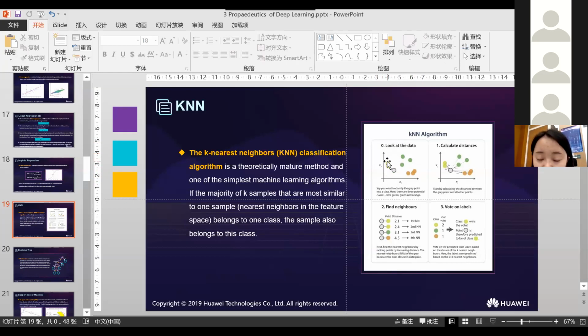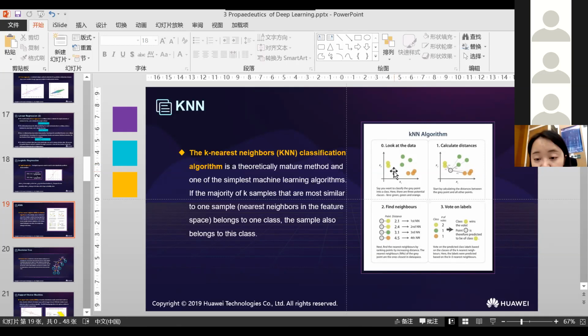So that is this point, this point, this point, this point, this point, these 6 points, and then we will find that in these 6 points, there are 3 orange samples and 2 yellow samples and 1 green sample.